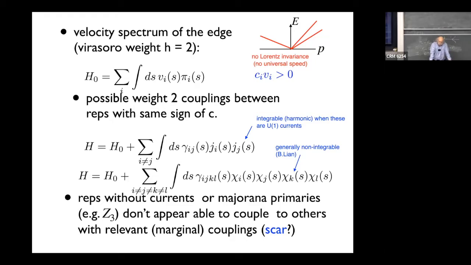And then the edge would have the weight 2 couplings one can add at the edge. In the multi-component abelian theory with this K matrix, you have a load of currents. The other weight 2 operators you could have are currents in the same direction, and then you will mix them up and rediagonalize, and you can get a set of modes traveling at different velocities, different speeds, right?